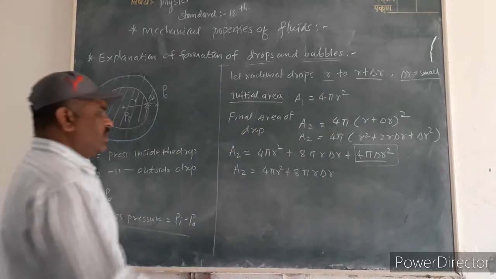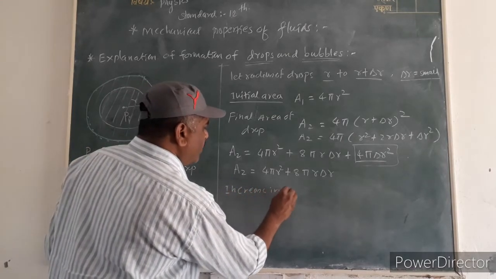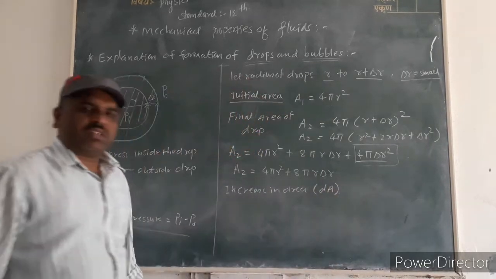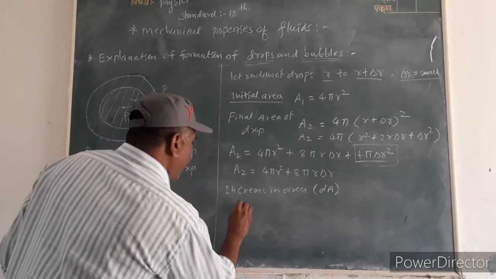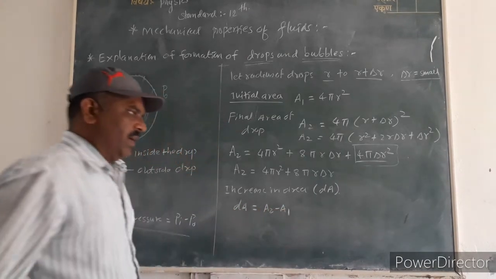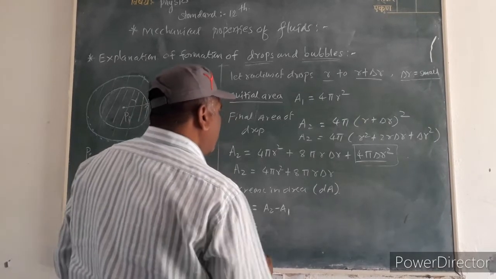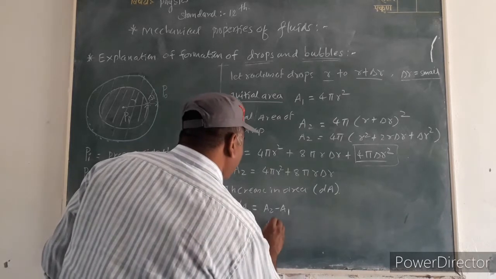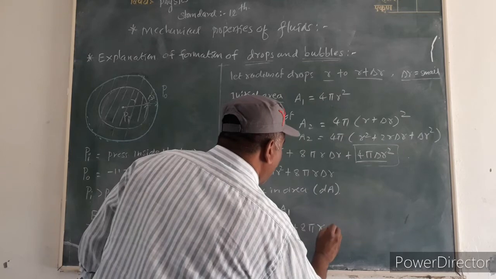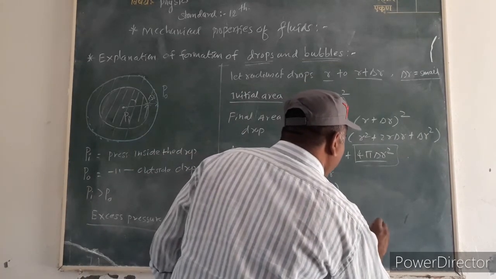Now I will find out the increase in area, and suppose that increasing area is dA. Increasing area is A2 minus A1. Therefore, dA is equal to the value of A2, that is 4 pi R square plus 8 pi R into delta R, minus 4 pi R square.